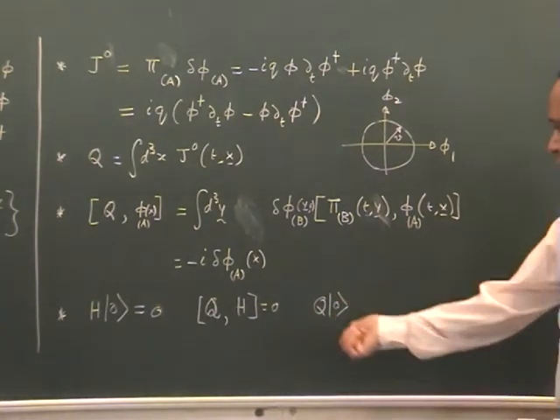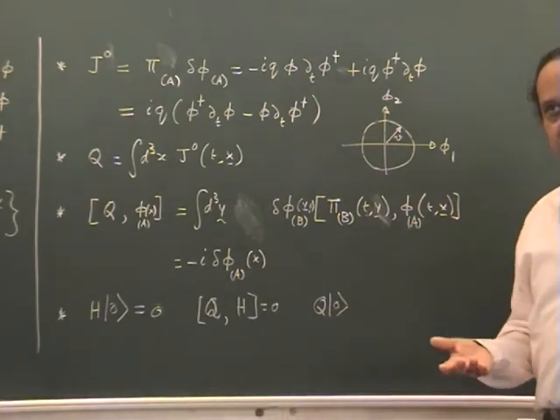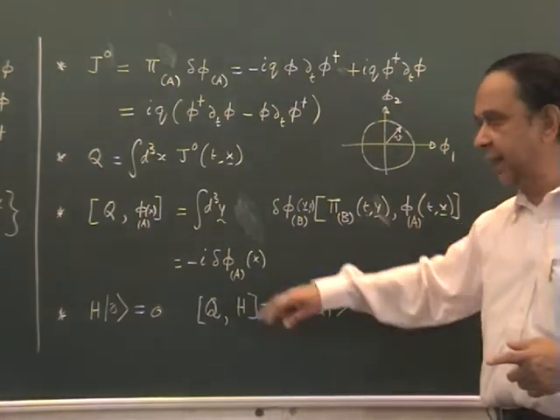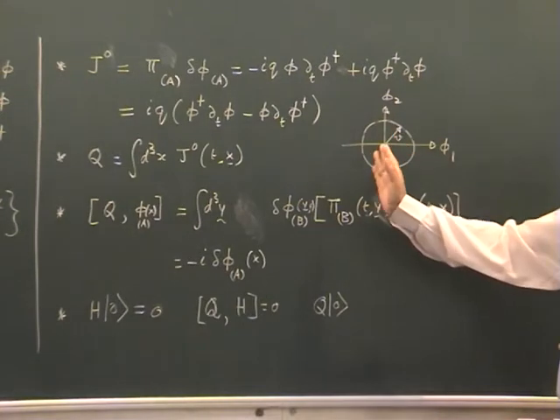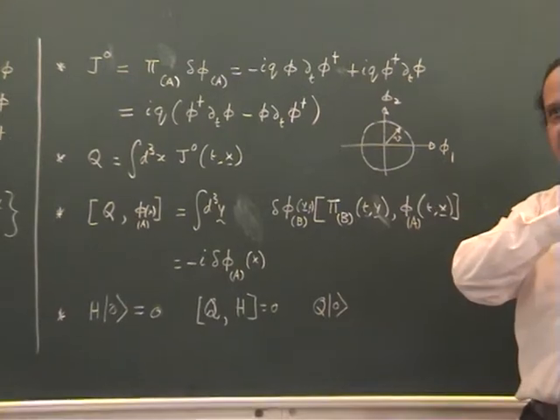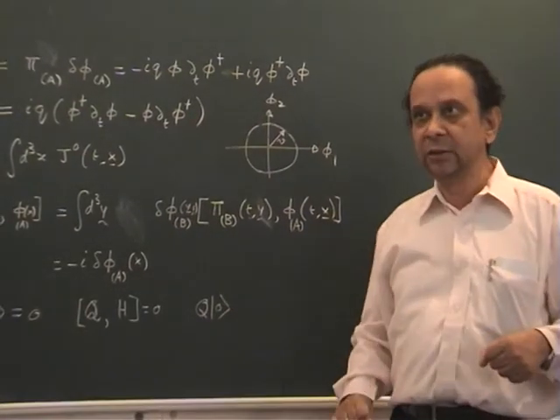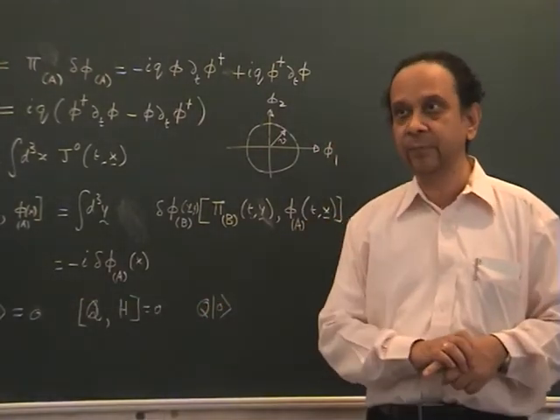It could happen that Q on the vacuum gives you 0. So the vacuum has 0 charge. On the other hand, this Q, which is like the generator which changes the δφ, could be changing the state from one state to another, like which happens here. So the ground state can be degenerate, and there could be several states, all of which has the same energy. So it can commute with this, but this could also have the same energy.